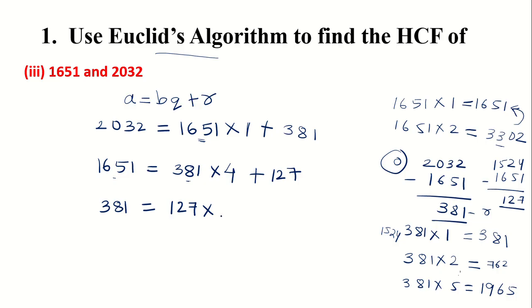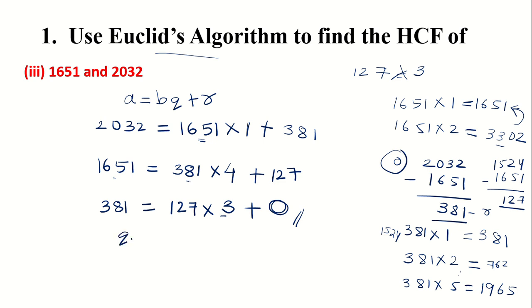Keep trying with numbers till we get 381. 127 into 3 is 381. As we are getting the required number, the remainder is 0, so we stop here.